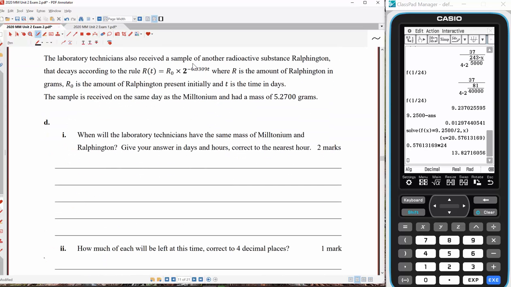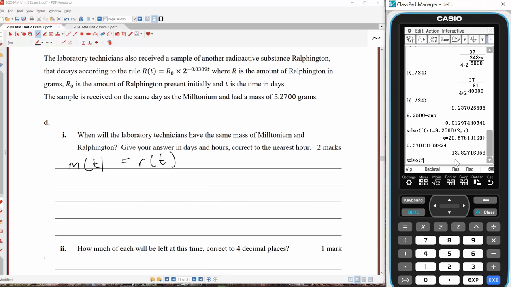The lab techs also receive a sample of another substance called Ralphington. For this one, we'll go m of t equals r of t, so we want to let them be the same.